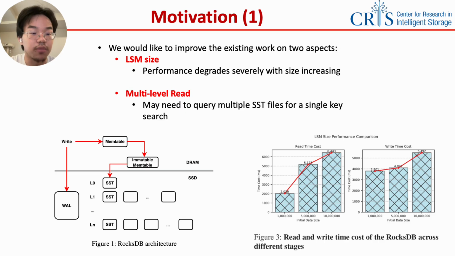And one main reason behind it is the multi-level read, because each read would potentially reach the bottom level of the LSM. So based on the analysis, we could think of other methods that could be helpful to reduce the LSM size and also optimize the multi-level read at the same time. That's why we thought of the learned index.